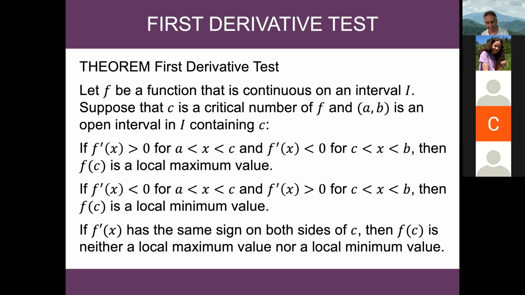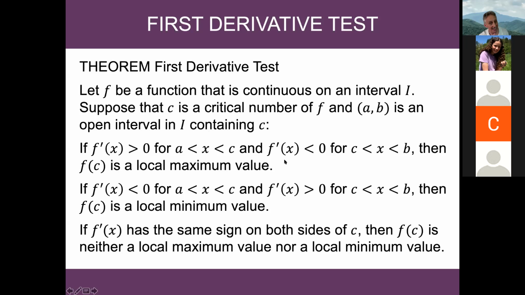Then the idea is if the derivative is greater than 0 for any portion of that interval, if it's positive, then the c that you get, if everything's less than that and it's going up to it, so the derivative is greater than 0, so it's going up, then c must be happening at its max.